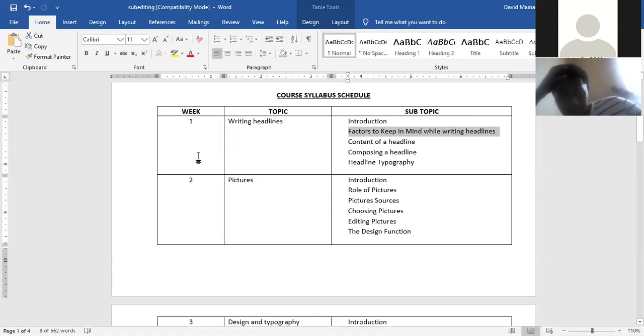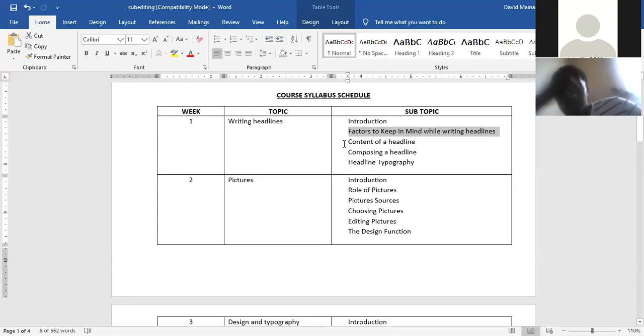There are some factors that you need to put in mind when you're writing a headline. Number one, you need to consider things like the message that you're sending. You need to consider the type, the font. Those are the things that we will look at.